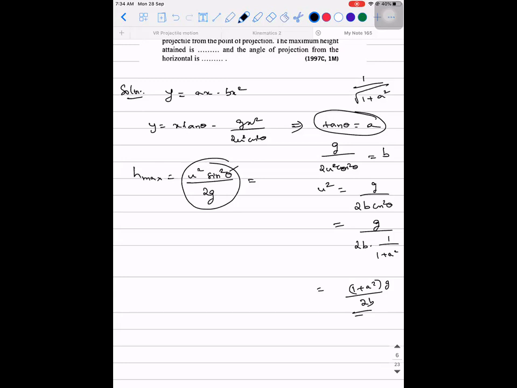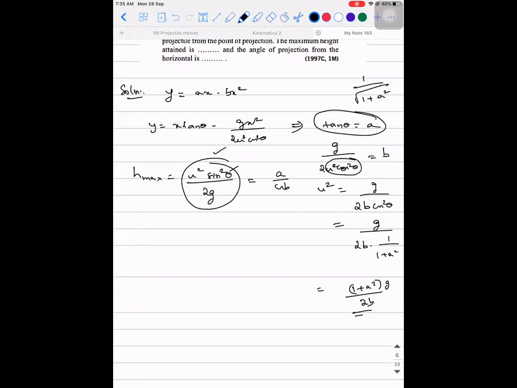Sir, is it a square by 4b? I think so. Yeah, a square by 4b is right. The other way to solve this is u square into, you can write sine square theta as 1 minus cos square theta. No need, this will become complicated. So what I was thinking is you have u square cos square theta, no? And here it is u square sine square theta. If you can bring in some relation, you will get the answer.